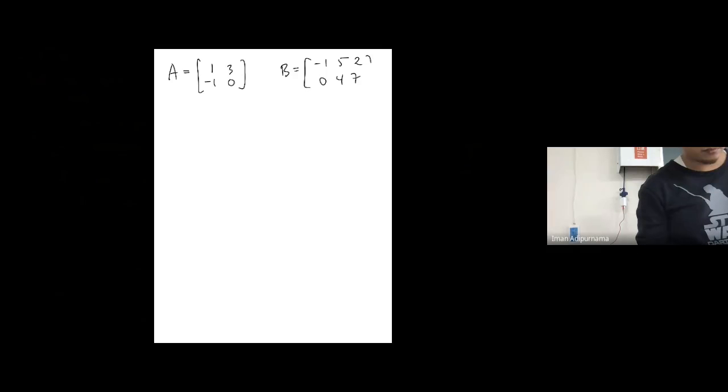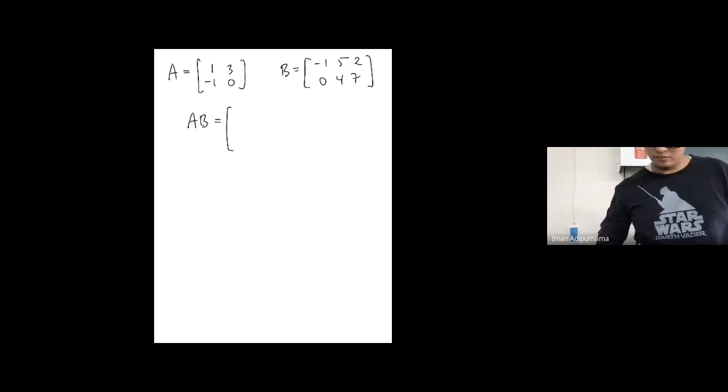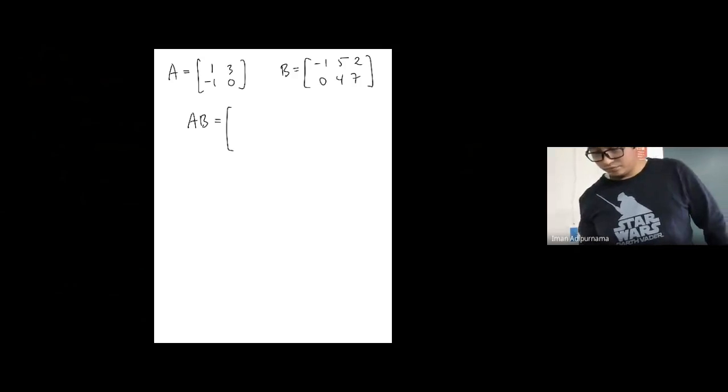Okay, if you have A, B, so let's multiply A and B. So it's two matrices.